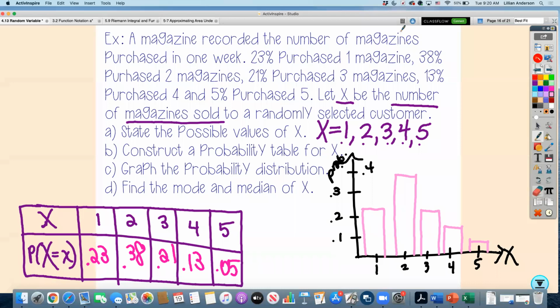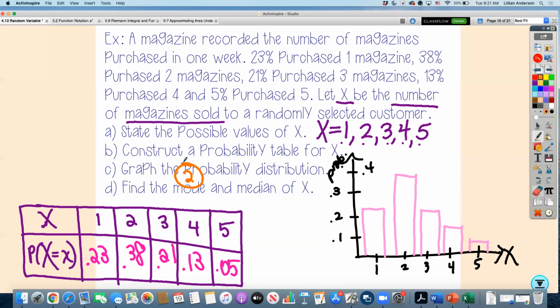So let's find the mode and the median. Remember, mode is the one that has the highest probability. So what's the mode here? 2 magazines, because it had the largest probability, which was 0.38. And now my median. Remember, median corresponds to the 50th percentile. If I start at the lowest one, which was 1, I only have 0.23.